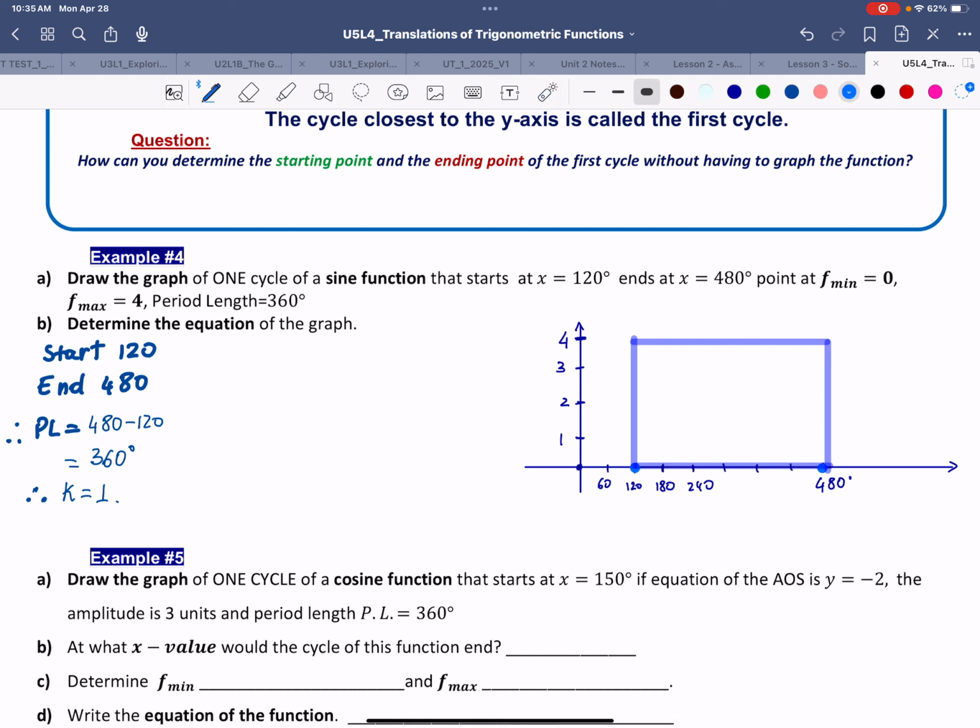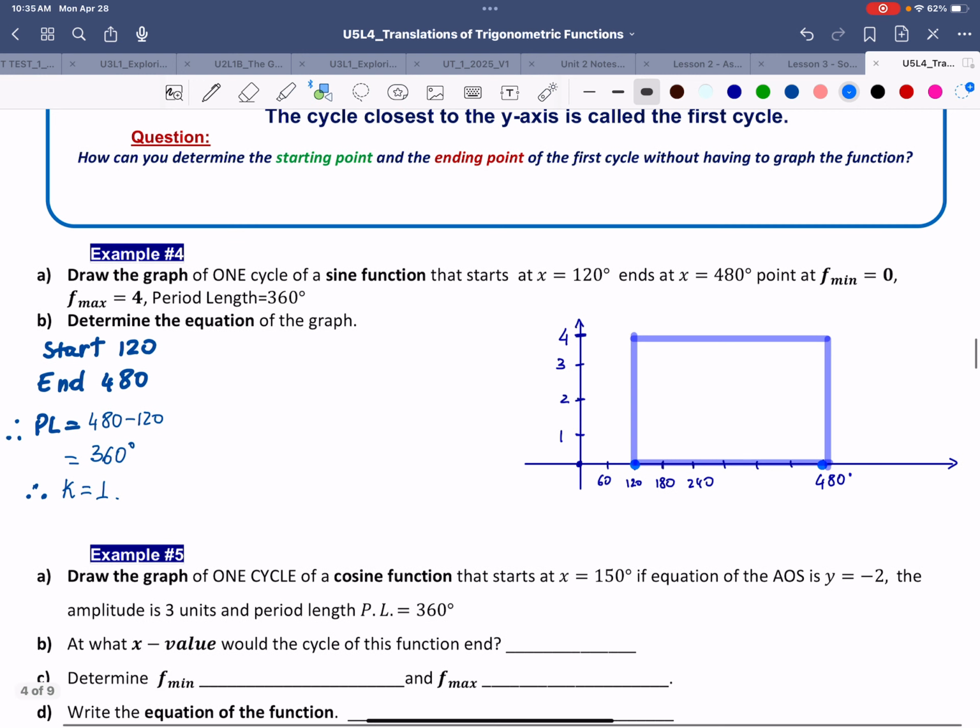Now the way I like to think is we can draw the x-axis right here in the middle, the axis of symmetry right here in the middle. As you can see, if you draw the axis of symmetry, it will fall at y equals 2. So that's AOS. Now remember that AOS is normally y equals c.